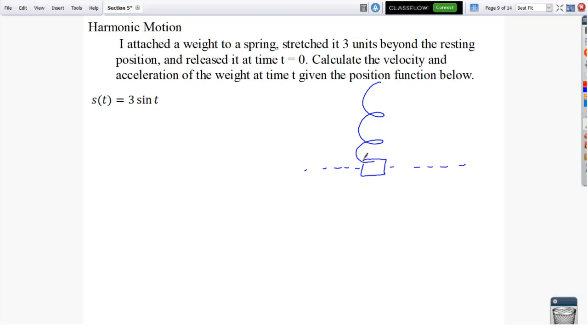So in order to calculate the velocity and acceleration of this spring, we start with our position. We should remember that our velocity function is equal to the derivative of position, s prime of t. So in this case, 3 is a constant multiple. We've got 3 cosine of t.